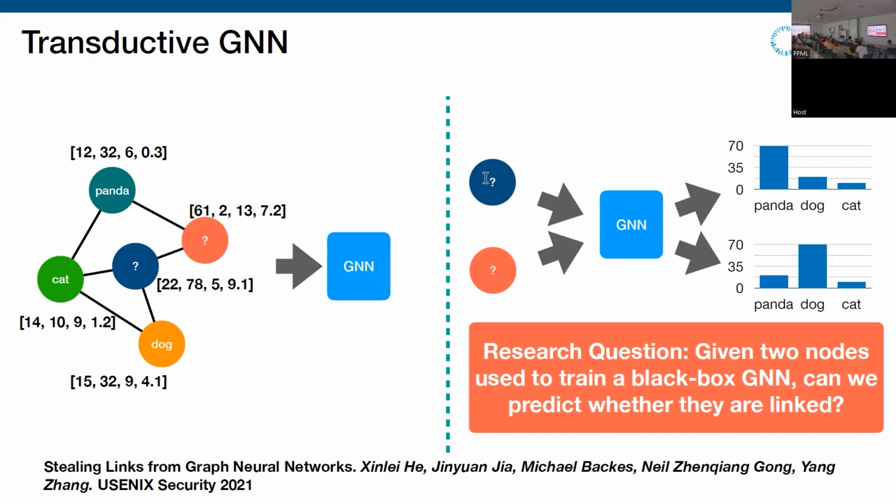Yeah. In many cases, GNN is very similar to the attention mechanism, the attention among different connections of the same system. Are these unweighted or weighted graphs? In this setting, we consider unweighted graphs. But actually, there are also weighted GNNs. And would you try to steal the weights as well?